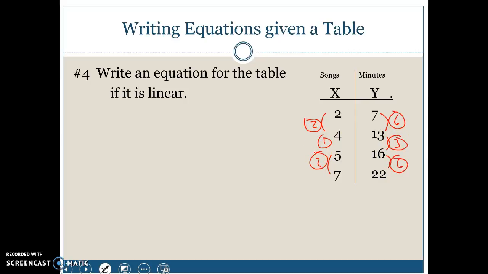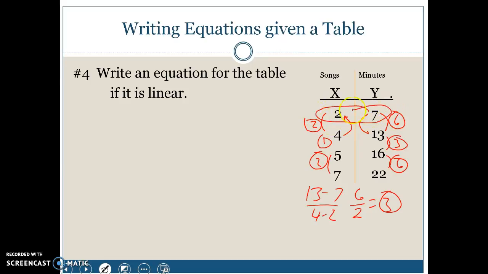We could also find our slope by picking 2 points. If I pick the first 2 points, I'm going to have y2 minus y1, that's 13 minus 7, over x2 minus x1, which is 4 minus 2. 13 minus 7 is 6. 4 minus 2 is 2. That gives me a slope of 3. So then I'm just going to pick one of the points in the table.